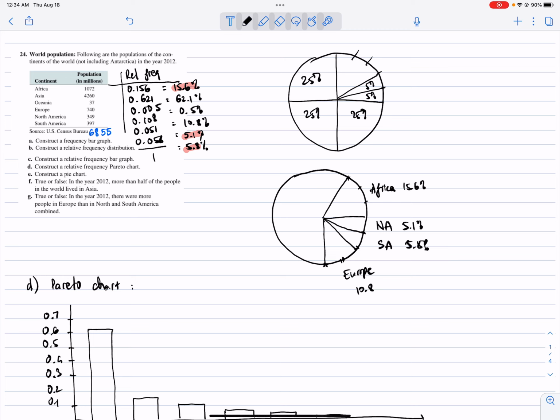And the little one, 0.5%. This is very little. This is not even 1% yet. This is half of 1%. So this little thing right here is for Oceania, which is 0.5%, and the rest is for Asia, 62.1%.